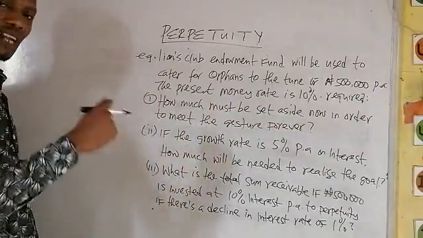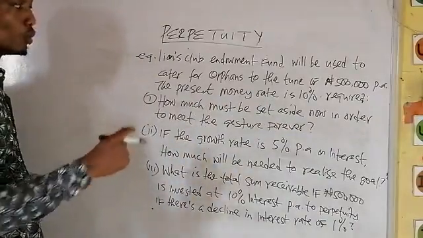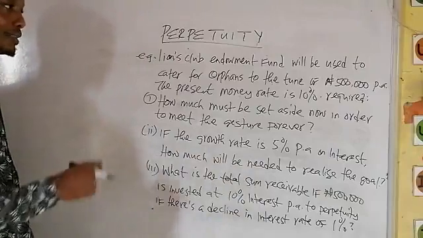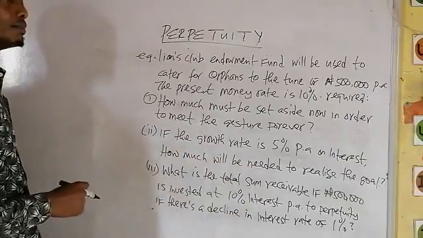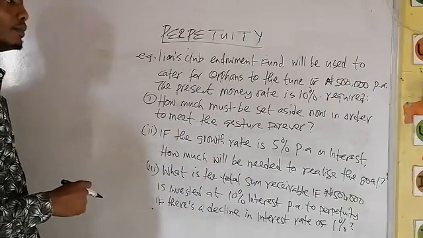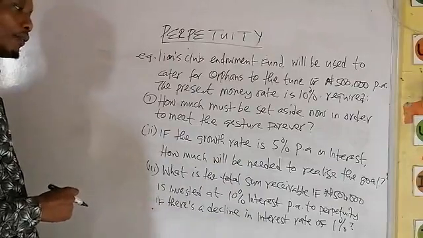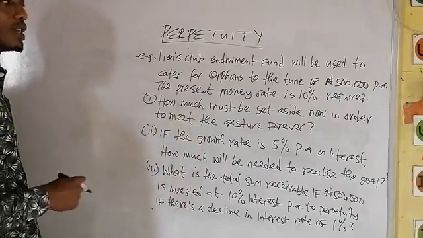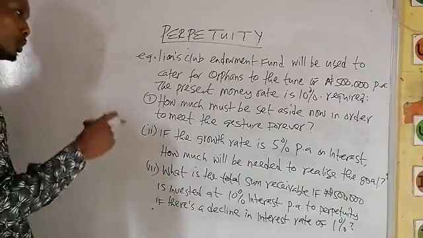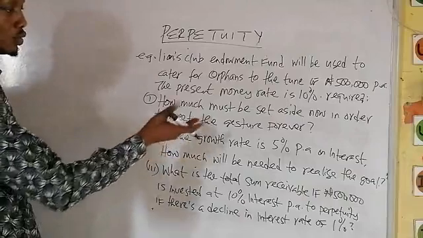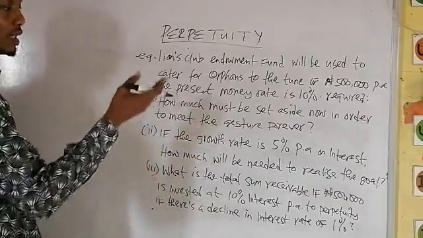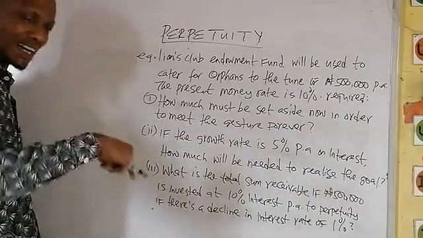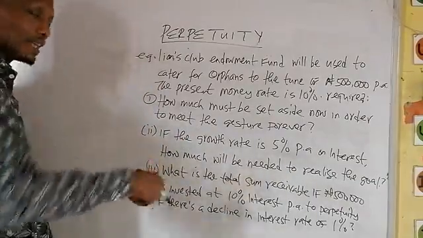When you hear the word forever, it means into perpetuity. So therefore, we are looking for the present value of that future amount. In order to do that, we have to use the formula for perpetuity to know how much must be set aside now. When you hear now, that's present value. Now, today, present value.